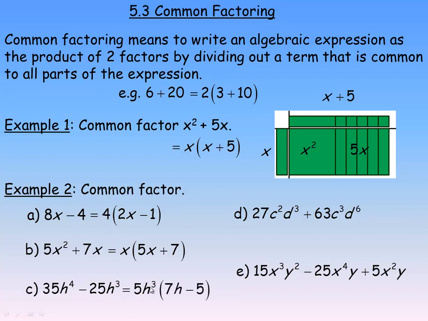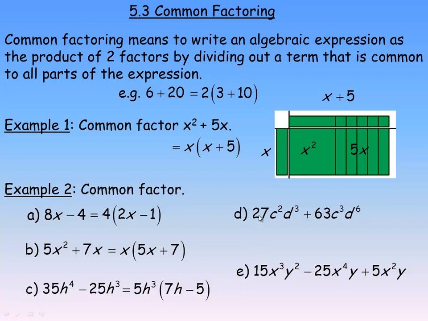So to get what's in the brackets, we divide each of these by 5h cubed. 35 divided by 5 is 7. h to the fourth divided by h cubed is h to the first. So that's why there's just a 7h here. If you divide negative 25h cubed by 5h cubed, negative 25 divided by 5 is negative 5, and h cubed divided by h cubed would be h to the power of 0, which means no h's. So there's just a minus 5 in the end.